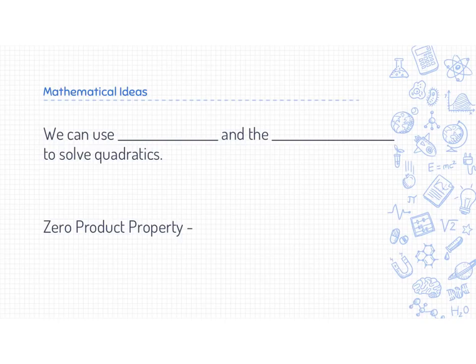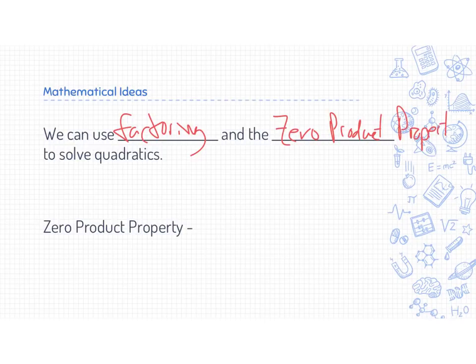Alright, so moving on to our new concept. We can use factoring and what they call the zero product property to solve quadratics.